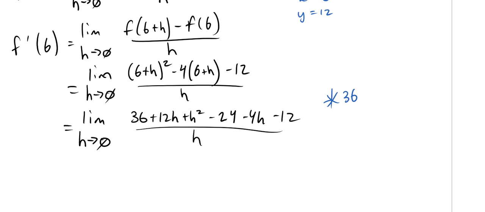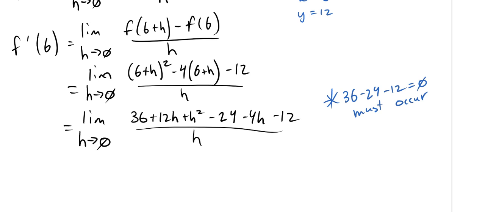Now something really important happens here. What's 36 minus 24 minus 12? 0. This must occur. Now, this is a polynomial type, so the other types are going to look a little bit different, but the idea is the same: in every type, there's a thing that has to happen so that this works out.